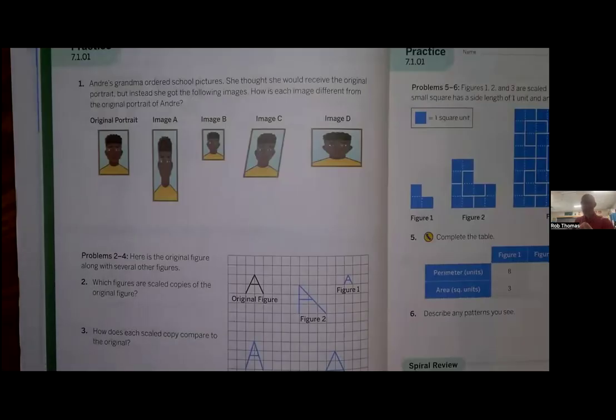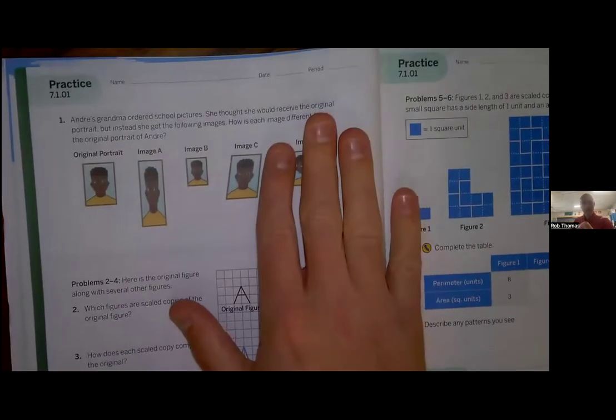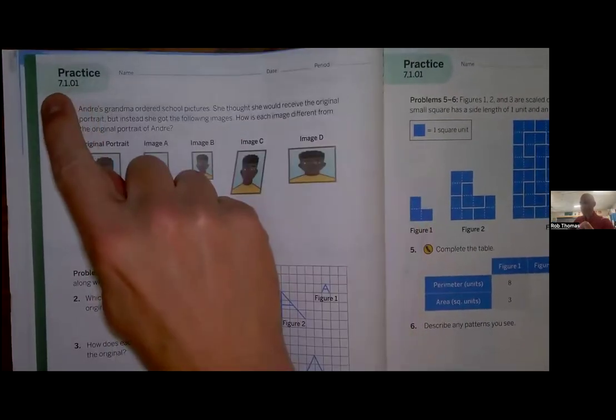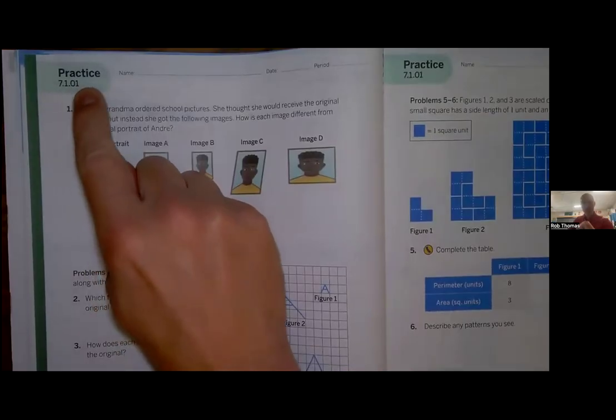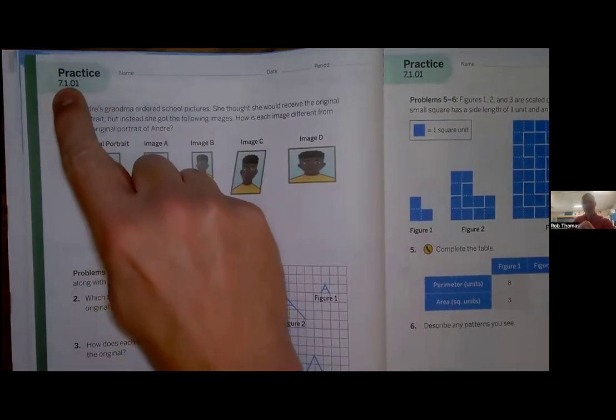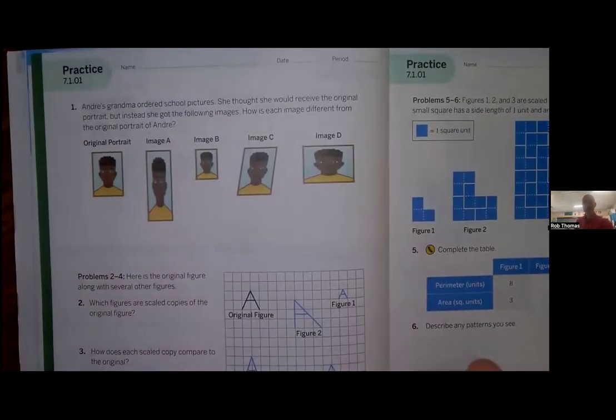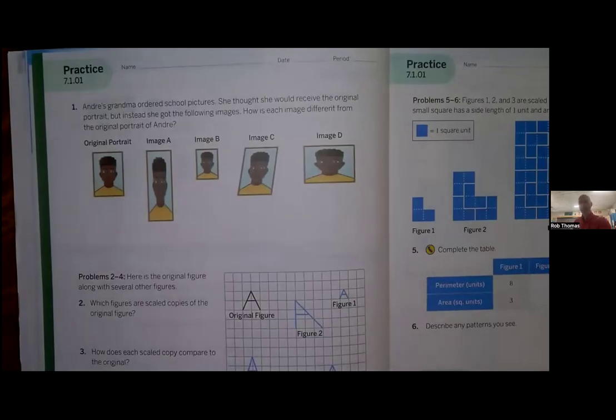Secondly, you might notice that I'm going to do this assignment, Desmos Practice 7.1.01 or seventh grade Unit 1, Lesson 1 in the book. That doesn't necessarily mean you're supposed to do it in the book. Some years I assign things online on the Desmos website. Some years I assign them in the book. You need to know which one I've assigned you depending on what year you're watching this video.